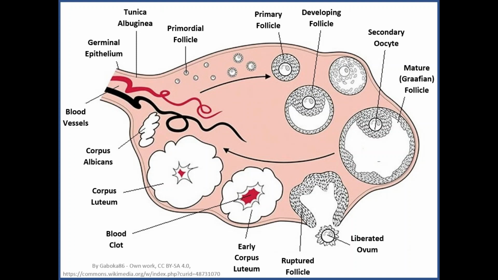As this fetus grows into a baby, more oogonia will divide by mitosis to form diploid cells, one being the oogonium and the other the primary oocyte. Then the primary oocyte, which is a diploid cell, is found within the primordial follicles of the ovary.